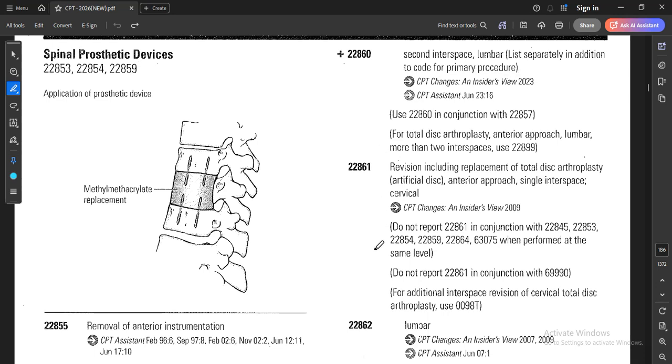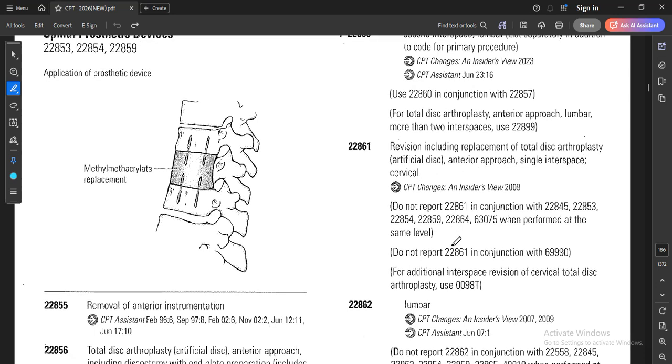Okay. Revision including replacement of total disc arthroplasty, cervical. So here in 22861, the physician will remove the previously placed disc in the cervical vertebrae and he will revise it. For example, if the patient is having any type of pain due to screws, the physician will remove those screws and he will insert them again.